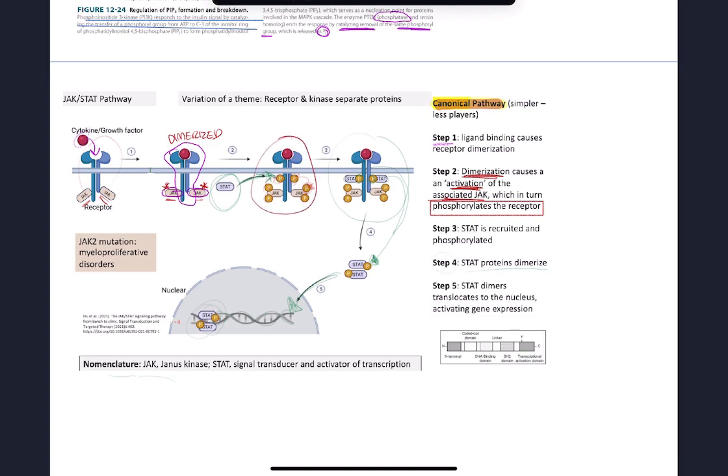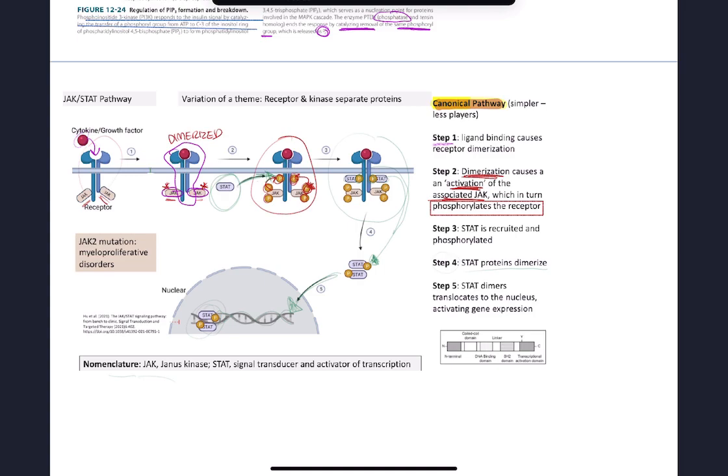We see that over here. These little phosphoryl groups being added, right? So this is the receptor, the JAK, now activated, which means it's been phosphorylated, right? Autophosphorylation. Those activated JAKs are going to phosphorylate the actual receptors.